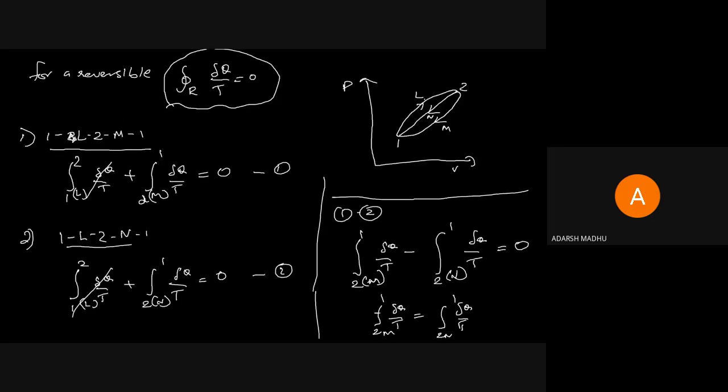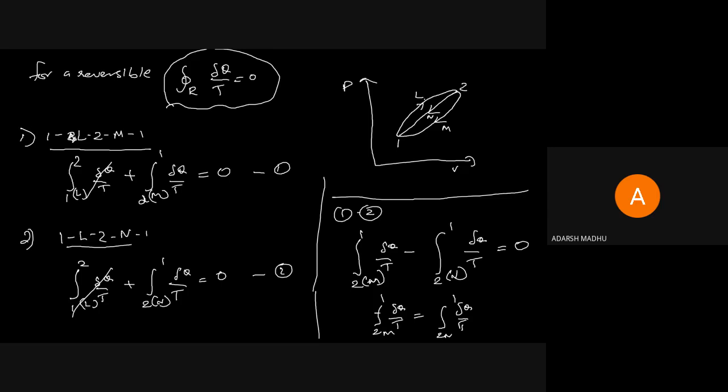Then, what is the effect of dq by t in the case of a point function and a path function? Whether it depends on a point function or a path function, we have proved that for any path the value doesn't change. So it does not depend on the path followed.